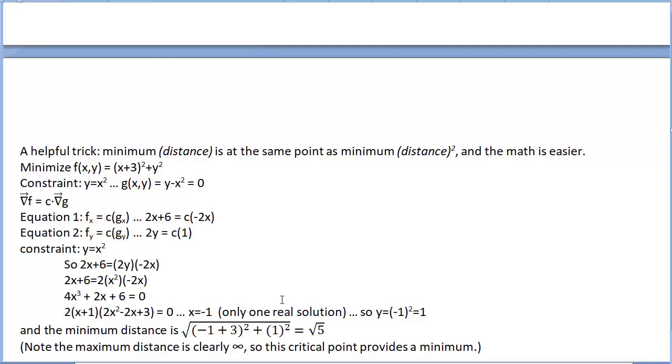And note from the original problem that we found this is a critical point. The maximum distance is clearly infinity, because we're talking about the distance between some point and somewhere on a parabola. So the maximum distance could be infinity. So then logic tells us that this critical point, yes, is in fact a minimum as we designed.